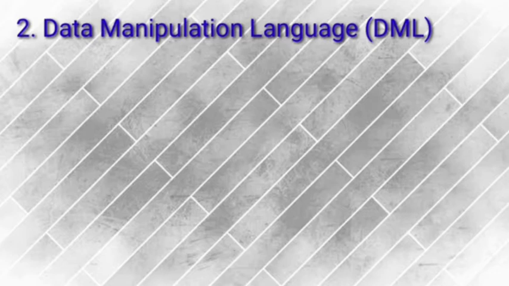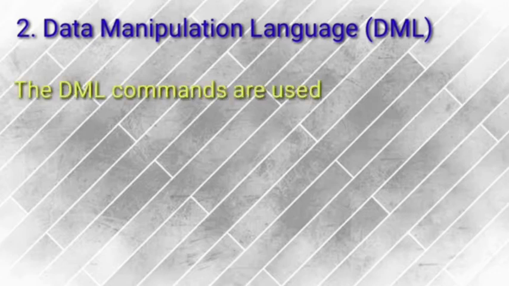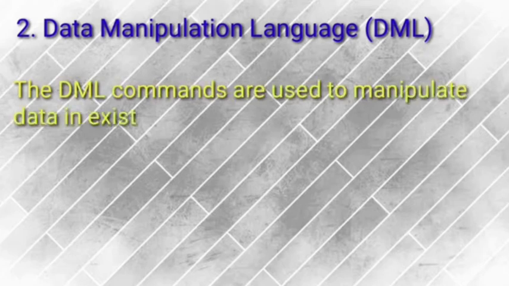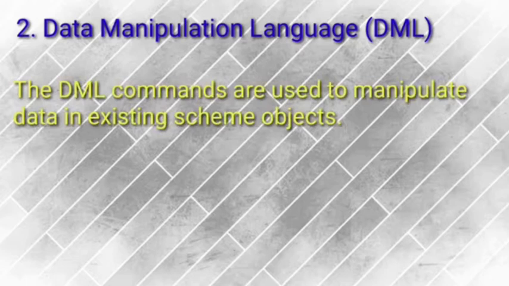The name itself says data manipulation language. Data manipulation language commands are those which are used to manipulate, update, or modify the data which is already present in the table, means to modify the existing schema or objects.